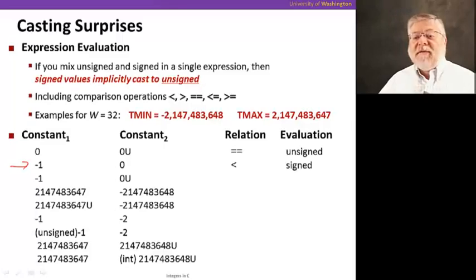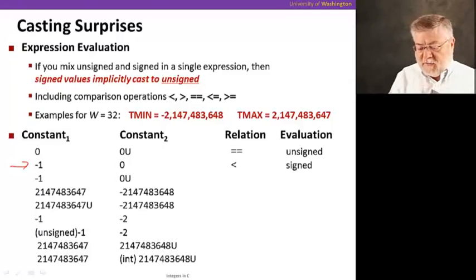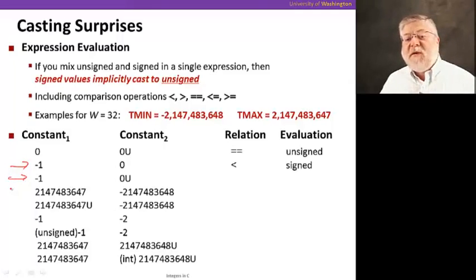Okay, now if instead we compare the -1 to an unsigned 0 in the next line, that's a little different, because now we're going to reinterpret the -1 as an unsigned value. Well, all ones reinterpreted as an unsigned value is a huge number, because we lost that negative weight of that first most significant bit.